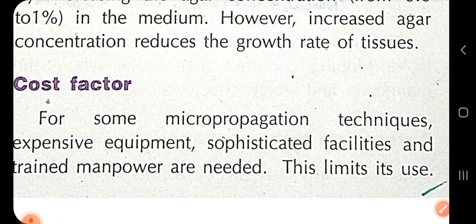Just putting them under a fan or AC will not help them to grow, and at the same time the room should be closed, not ventilated. All the plant tissue culture work that we are doing should be done in closed rooms.